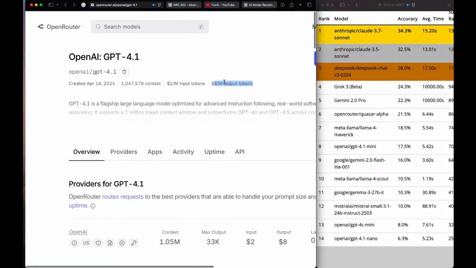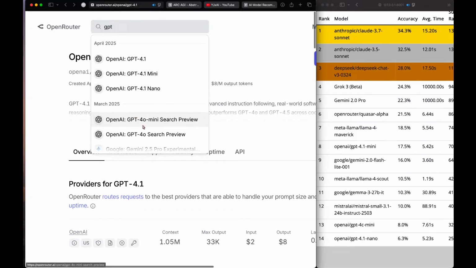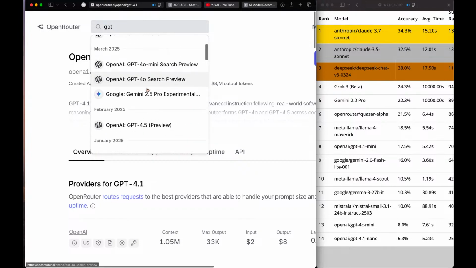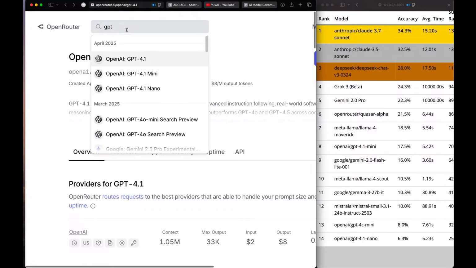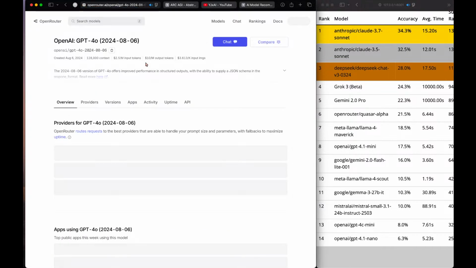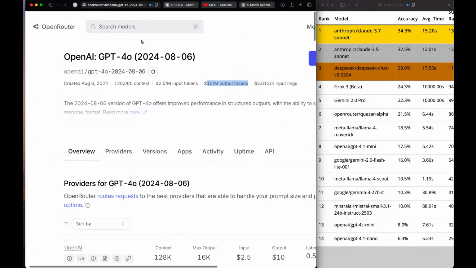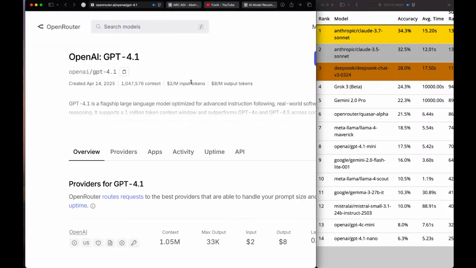It is $10 for 4o. Let me show you that. GPT 4o. So it's $2.5 input tokens and $10 output tokens, and the 4.1 model is $2 input tokens and $8 per million output tokens.